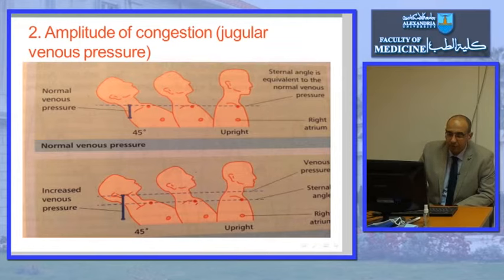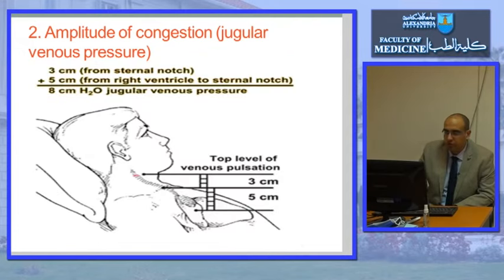At that point, the distance from the right atrium is 5 centimeters. So we put a ruler here at the sternal angle, and then we look for the upper level of congestion of the neck vein.